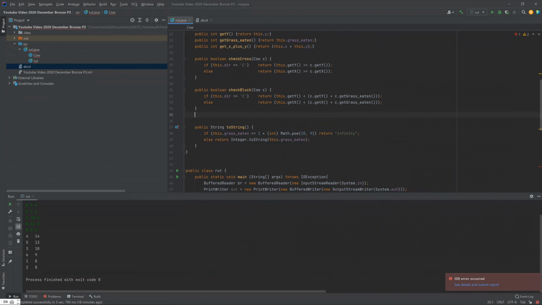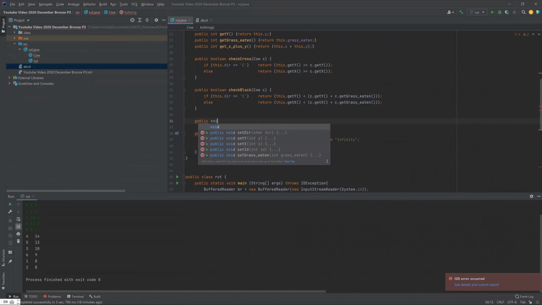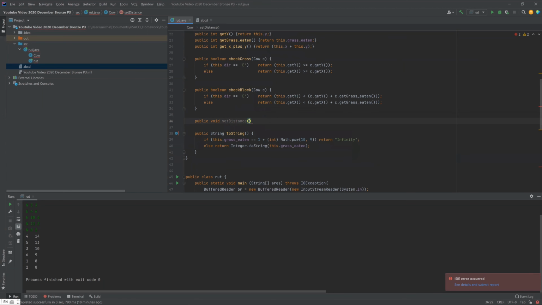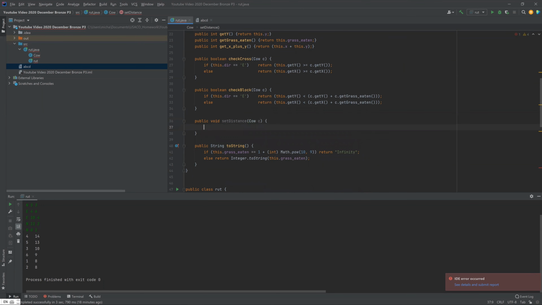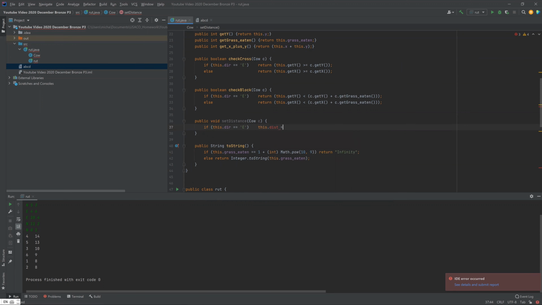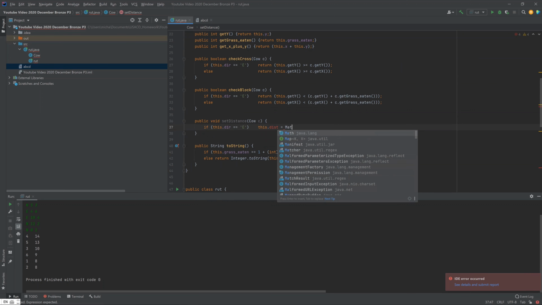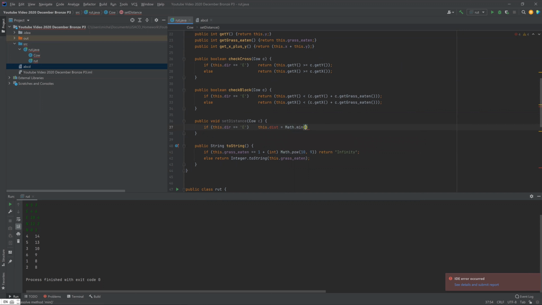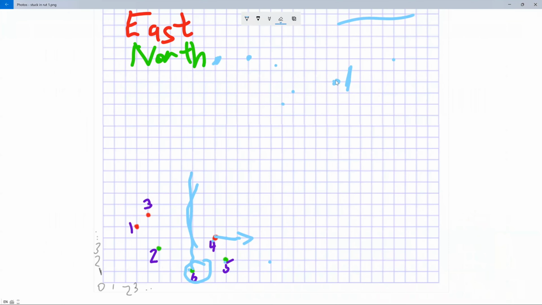Okay, so now I will write public void set distance cow C. If I'm going east, then my distance will be equal to the minimum of my original distance plus the y coordinate minus my y coordinate.